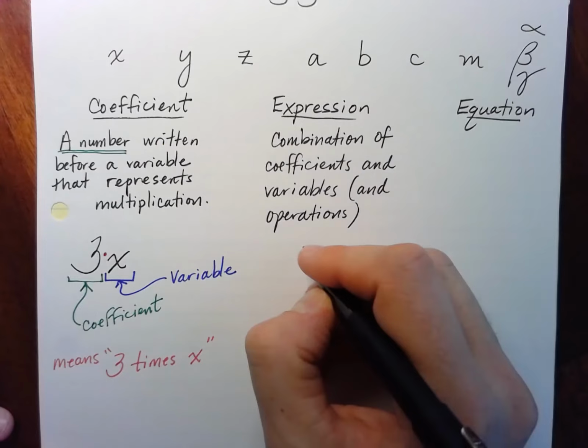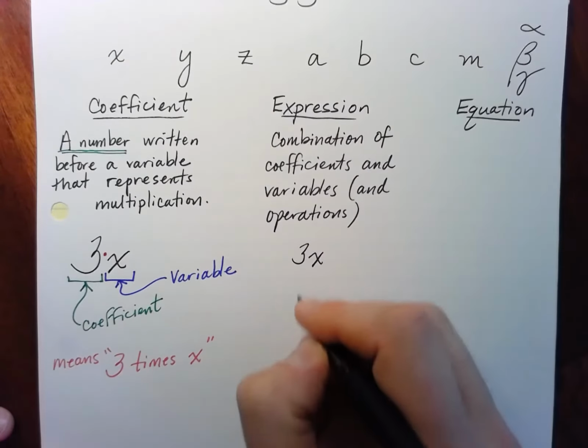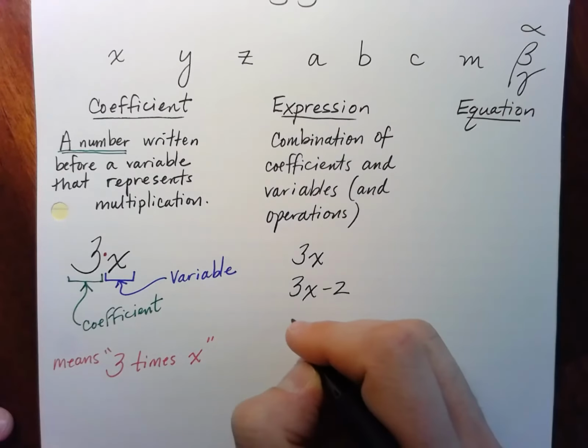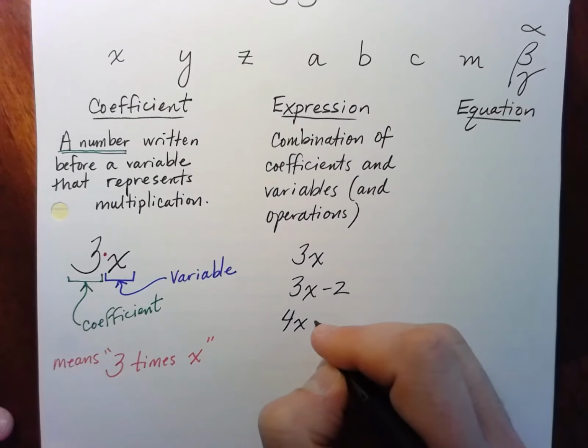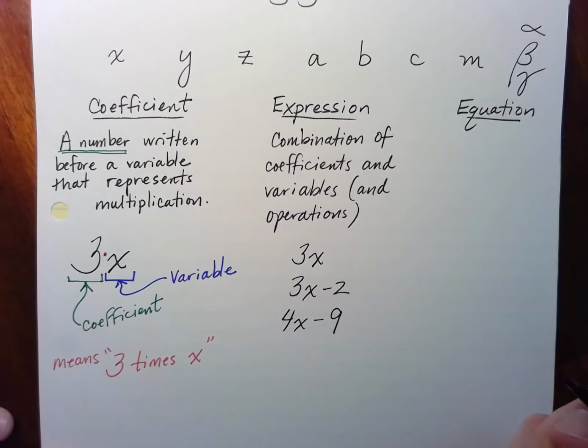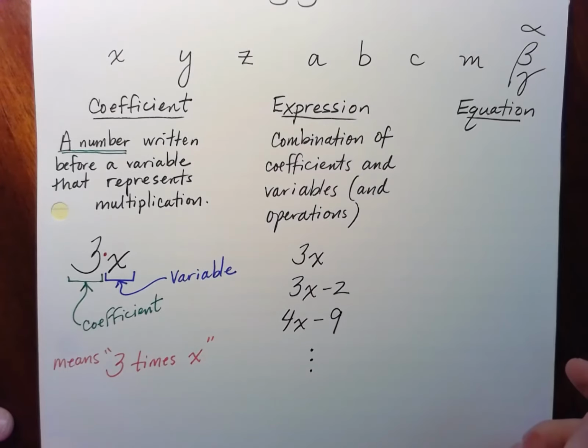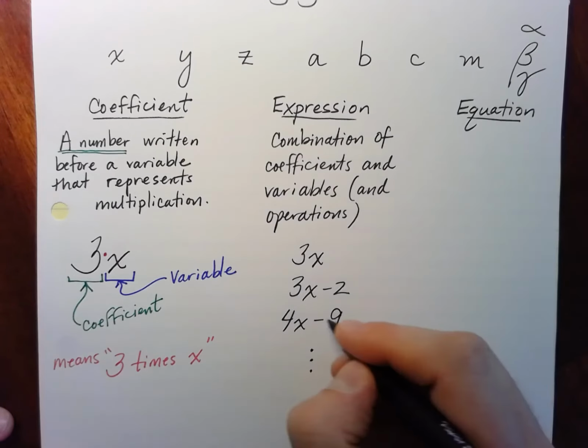So an example would be 3x, or maybe 3x minus 2, or maybe 4x minus 9, and so on. There are an infinite number of these. Okay? I'm going to change that to plus.